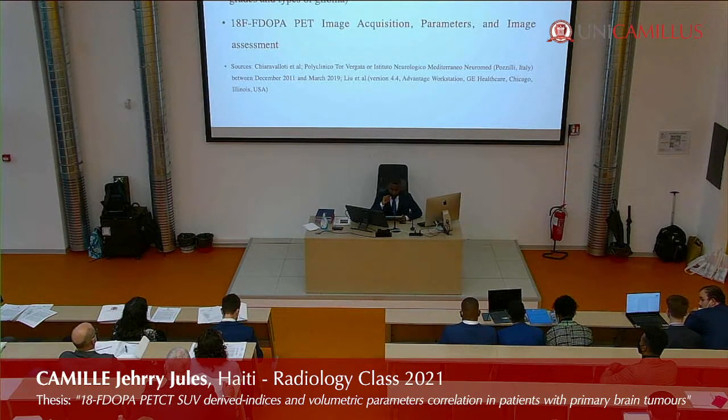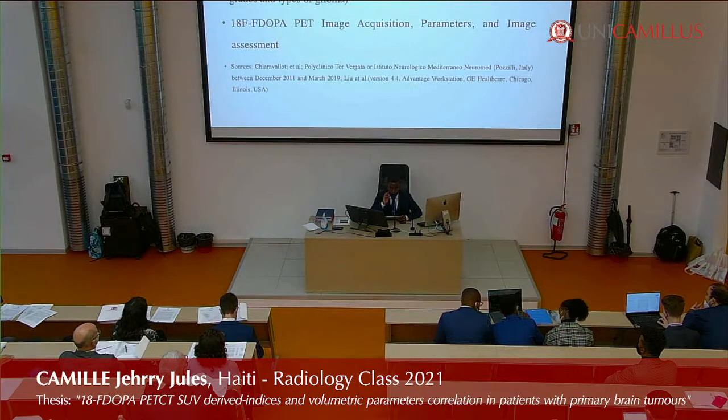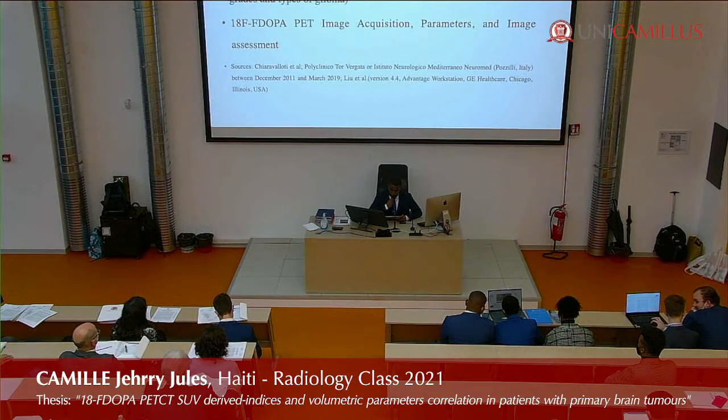Standard uptake derivative index is calculated to take into account a quarter of the occipital lobe. A standard volume of interest of 1.5 cm by 1.5 cm by 1.5 cm is selected to generate the tumor standard uptake ratio and compared to the volume parameter.